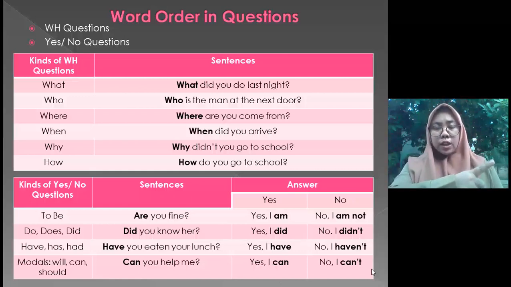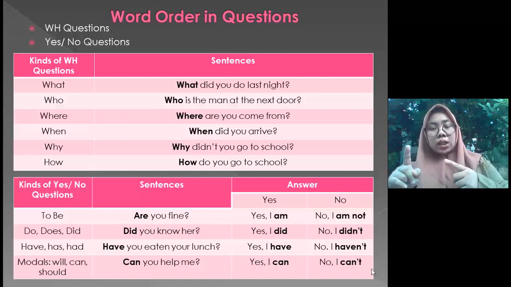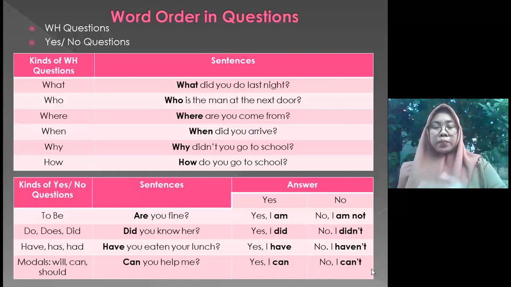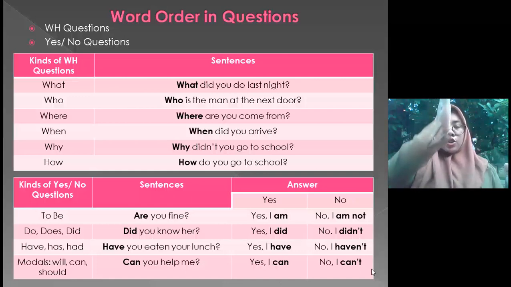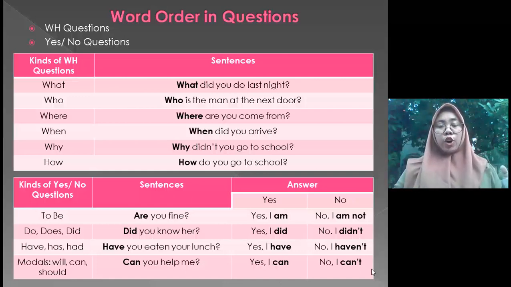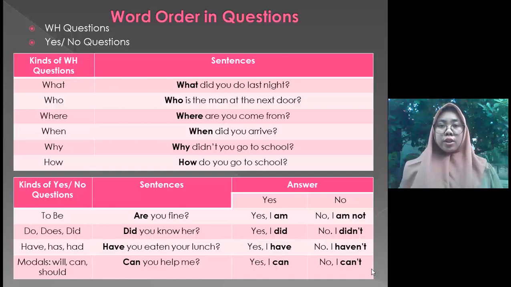The first part is the WH question, what, and after that is followed by did as an auxiliary in the past form, and after that the subject. So the order is WH question, then to be or auxiliary or modals, then subject, then verb, and then object or complement. That's the point if you want to make your sentence a question.